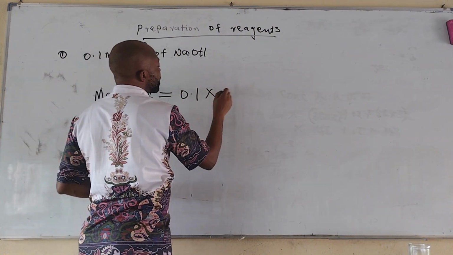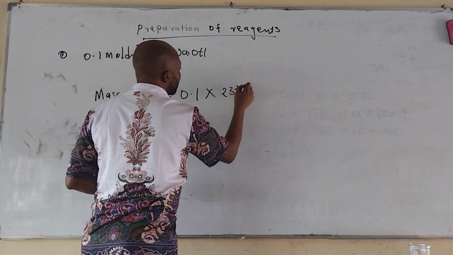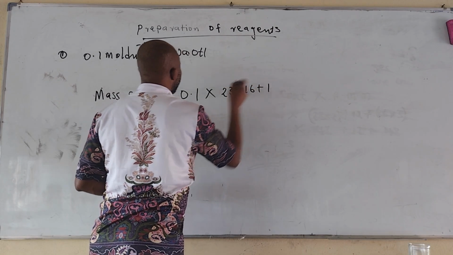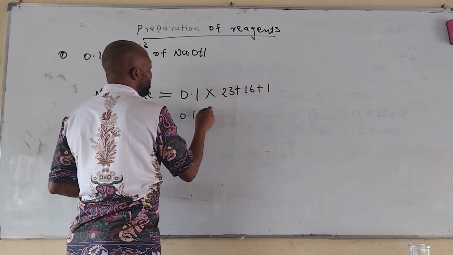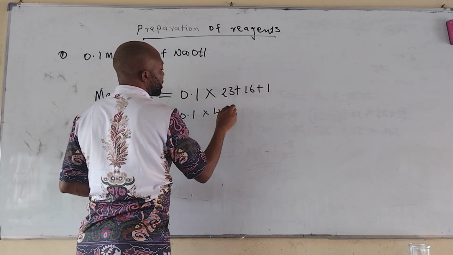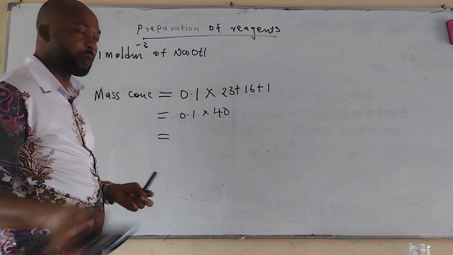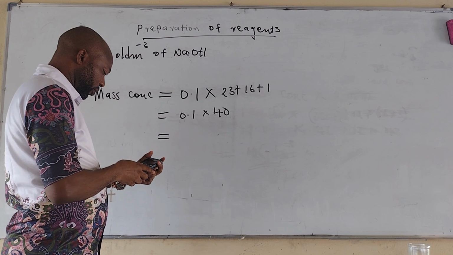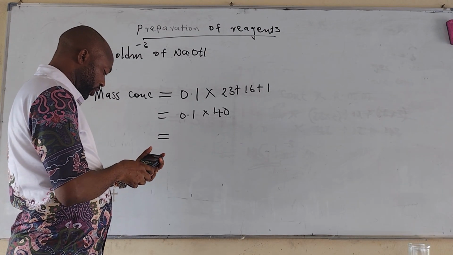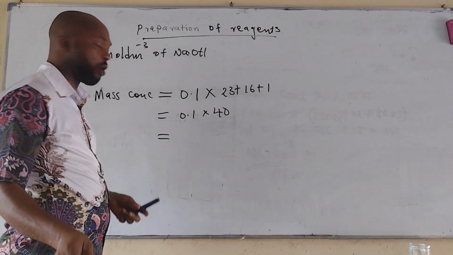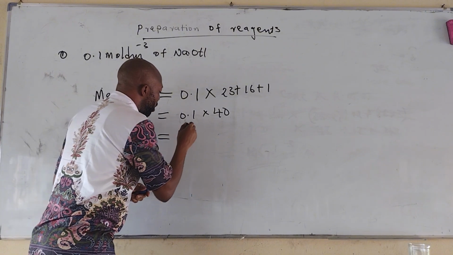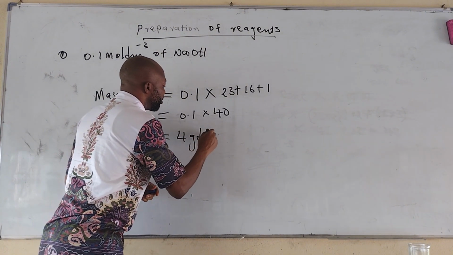Sodium is 23 plus oxygen is 16 plus hydrogen is 1, which is 40 g/mol. So 0.1 times 40 gives me 4. So I have 4 g/dm³.